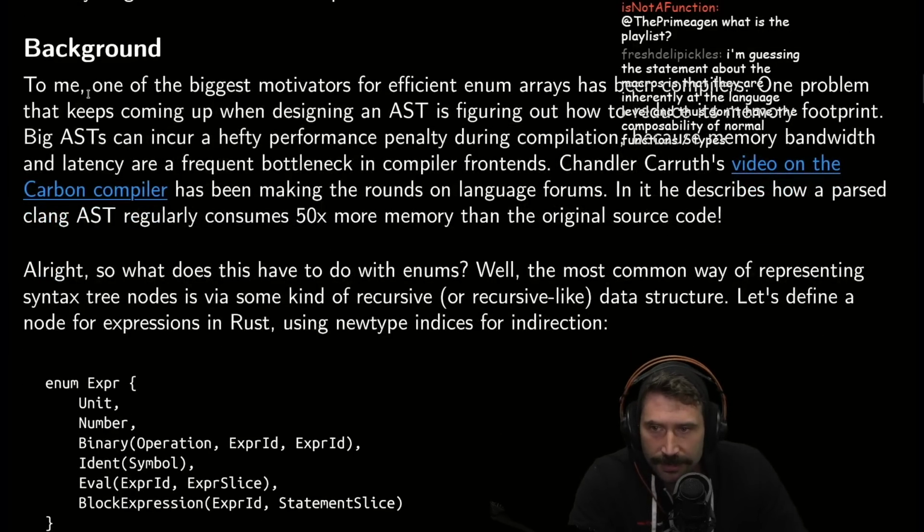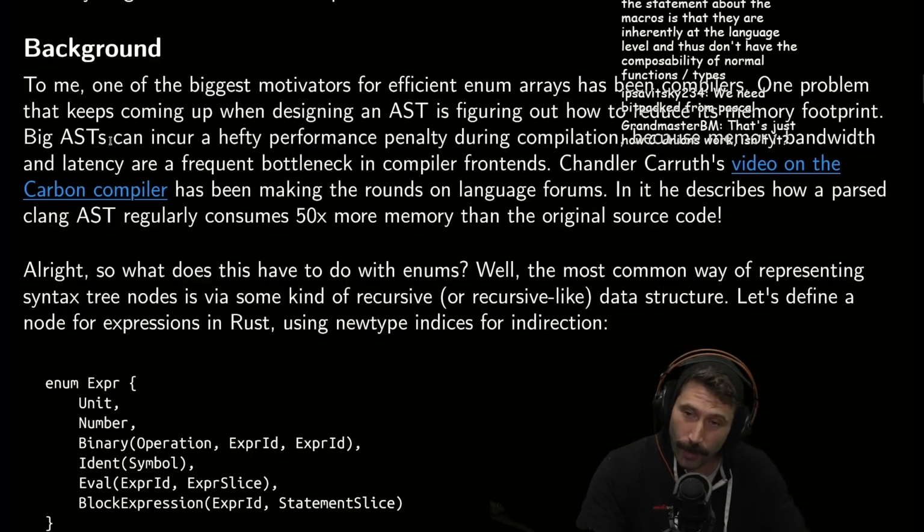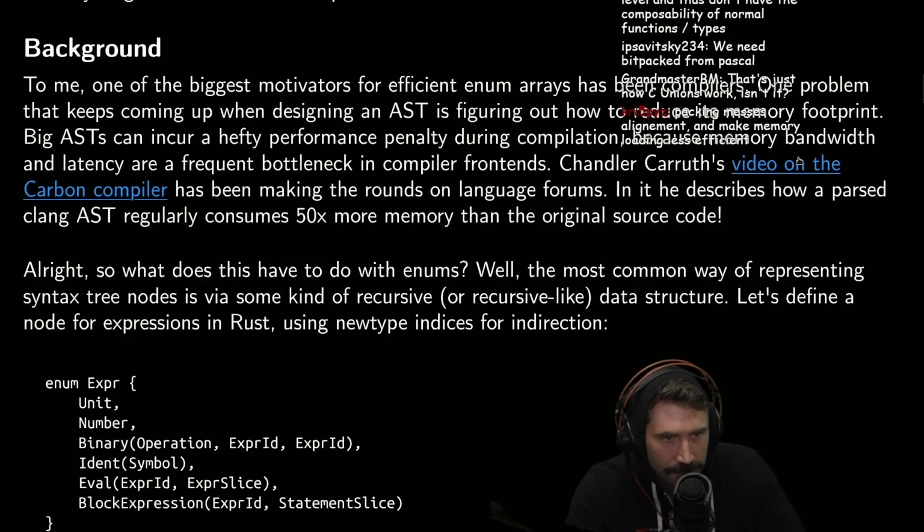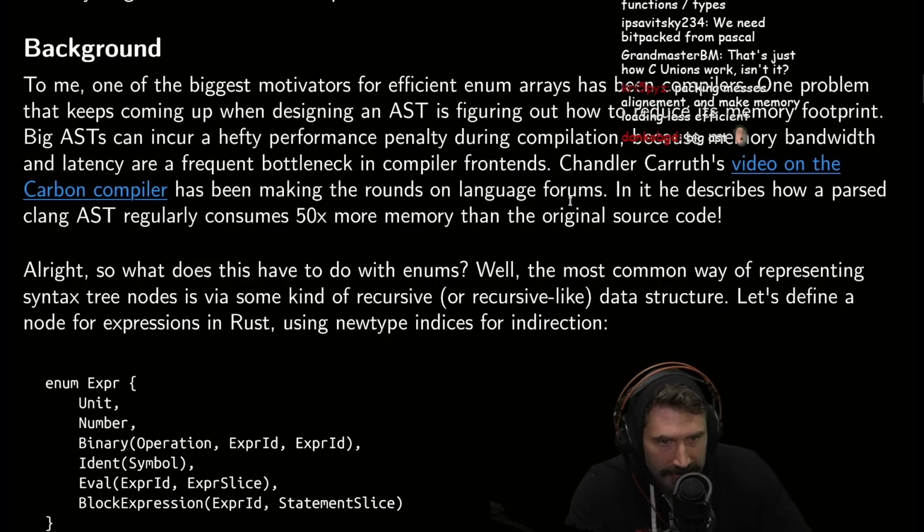Okay, background. To me, one of the biggest motivators for efficient enum arrays have been compilers. One problem that keeps coming up when designing an AST is figuring out how to reduce its memory footprint. Big ASTs can incur a hefty performance penalty during compilation because memory bandwidth and latency are frequently bottlenecks in a compiler's front end. Chandler Carruth's video on the Carbon compiler has been making the rounds on language forums.